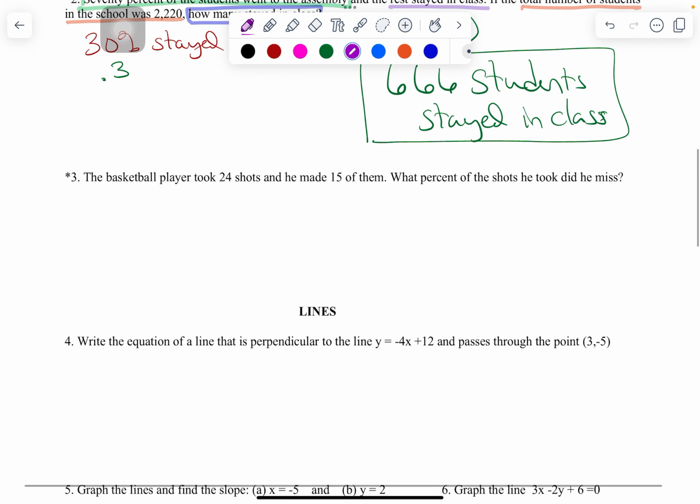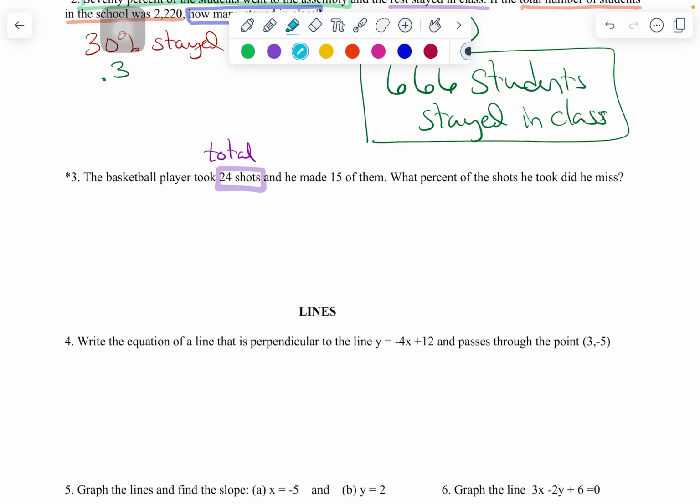All right, last problem for this video, number 3. Basketball player took 24 shots. So 24 shots, that is your total. And he made 15 of them. That is our part. I want to know what percent of the shots he took did he miss? One of two things I can do here. I could set up with total and part and find the percent of shots that he made and then figure out what percent he missed.